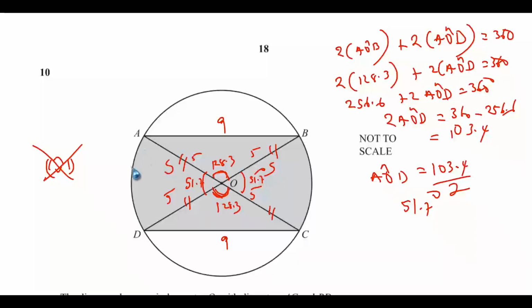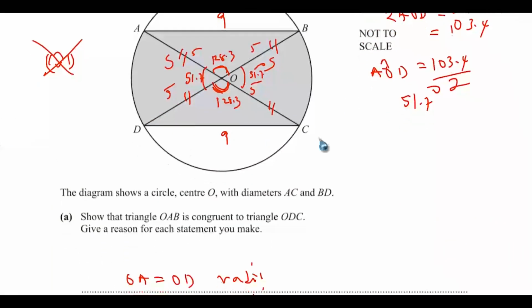So I can now find the length of this arc because I have all the needed parameters. So we have something like this now. I can get the length of this arc because here is 5, here is 5, and here is 51.7. So don't forget the formula for the length of an arc is theta over 360 times 2 pi r.